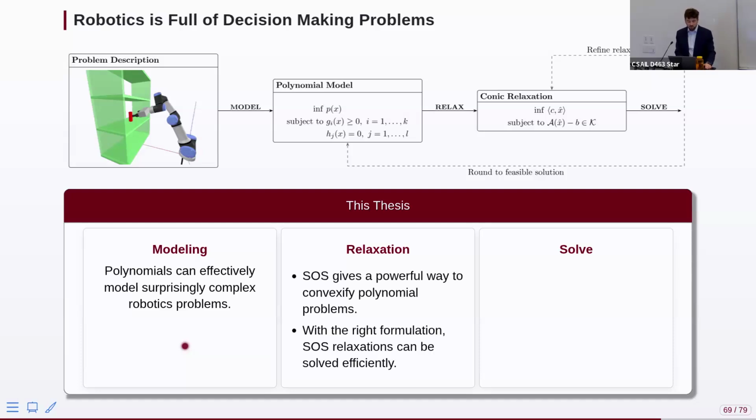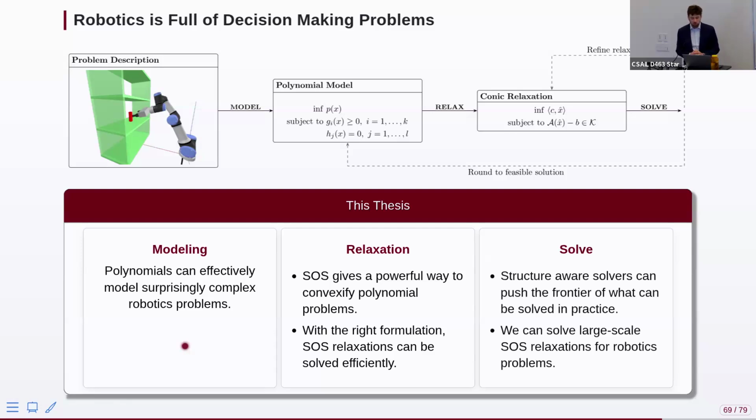Additionally, sums of squares gives a really powerful way to convexify these problems so that I can actually solve them on a computer and do something with them. With the right formulation, these sums of squares relaxations can both be solved efficiently and also be sufficiently powerful for actual practical use. Additionally, structure-aware solvers can push the frontier of what can be solved in practice, and we can solve large-scale sums of squares relaxations for robotics problems and actually use the solutions effectively.